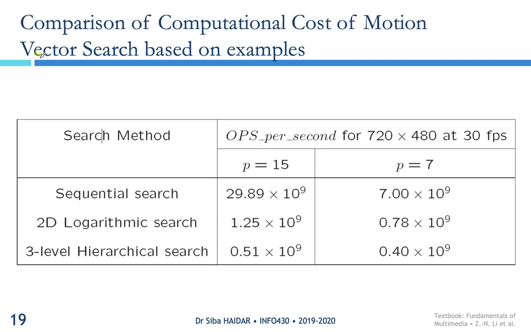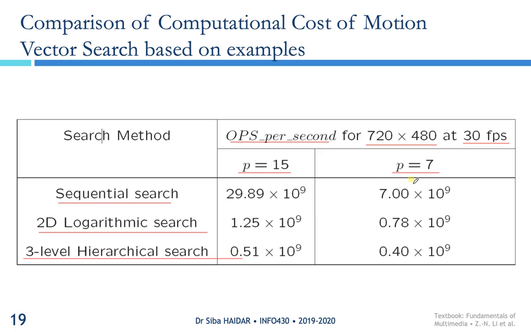To prove that, we will take an example, and in this example we did a comparison of the 3 search approaches: the sequential, the 2D logarithmic, and the 3-level hierarchical search. We took 2 examples, for P equal 15 and for P equal 7, and we calculated the number of operations for a video with a frame size of 720 x 480 and with 30 frames per second.